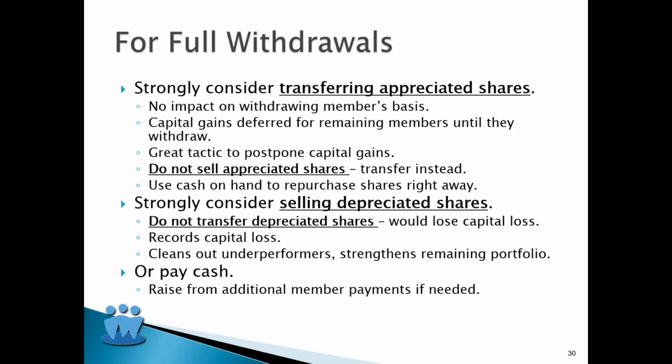So if you're going to do that, make sure the stock gets transferred in the very last withdrawal, and it's a full withdrawal. Don't split them up. That's a great thing to keep in mind when clubs are disbanding, that there are some specific rules you should be following at that point.